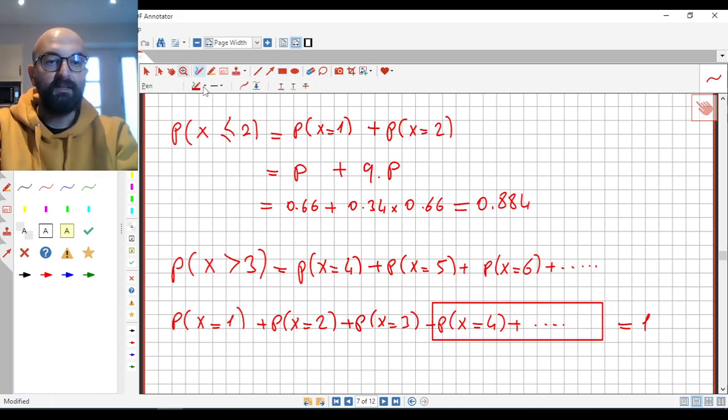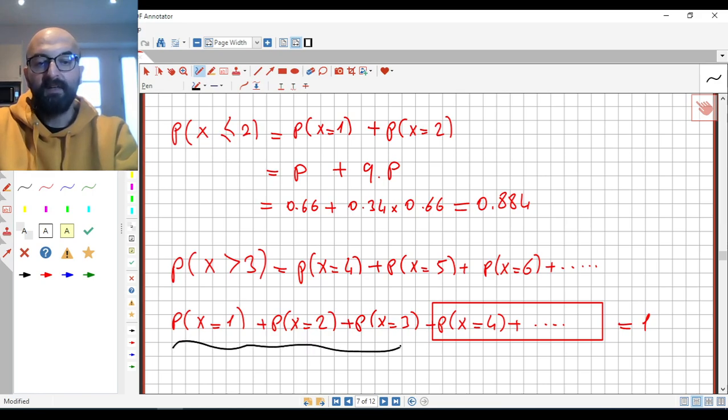We can figure out the first part, and 1 minus this part gives the probability we are looking for, the probability of x greater than 3.